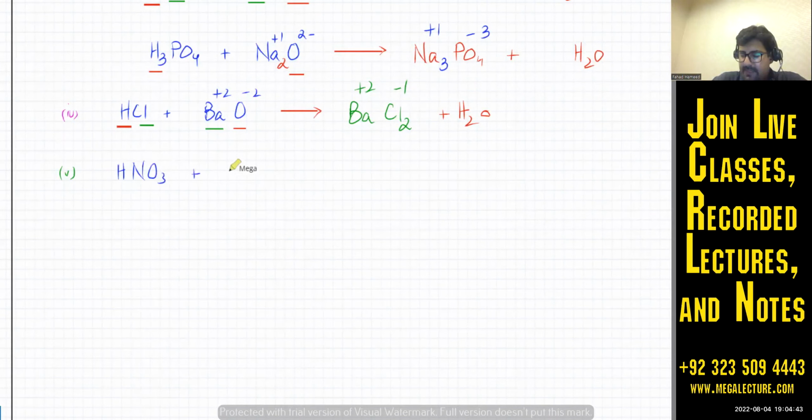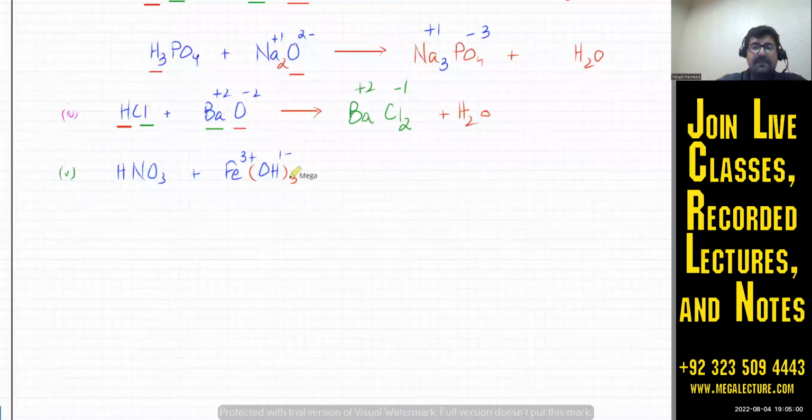Iron 3 hydroxide means Fe is 3 plus and hydroxide is OH1 minus, right? So the formula, if you do crisscross, that's going to be Fe and OH thrice, right?